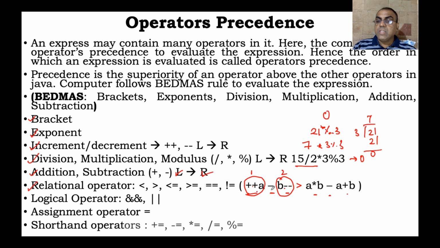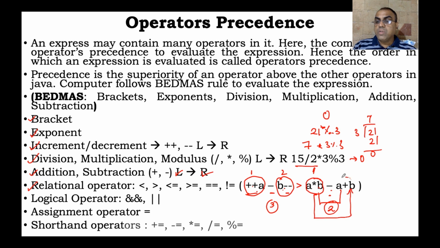Whatever answer is found, the third one is this. The computer will wait here, and this one will get executed first. After getting this executed, the final answer is found, and because there's a minus first, this one will get executed next, and whatever final answer comes, this one will get executed next.